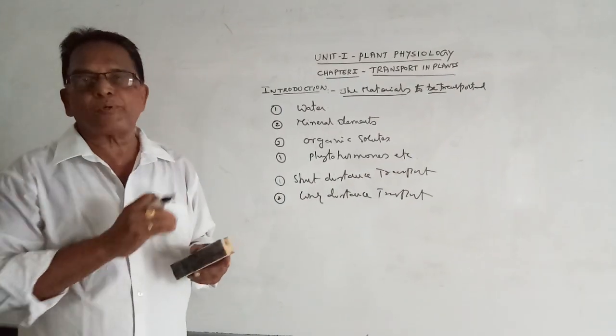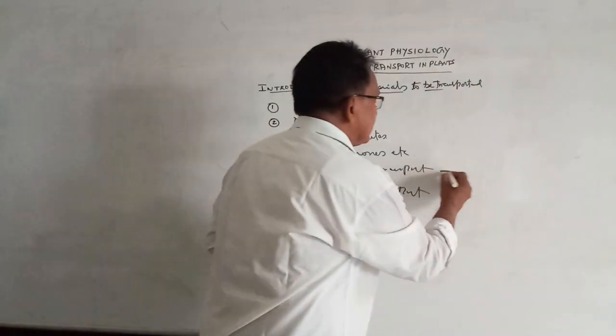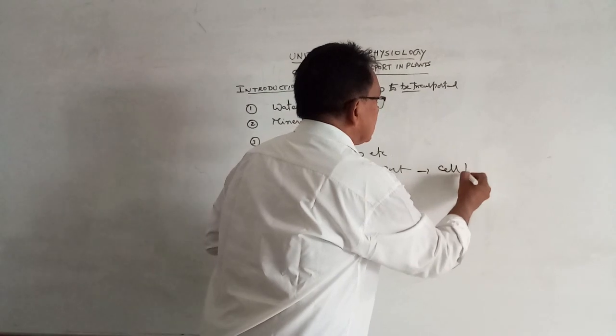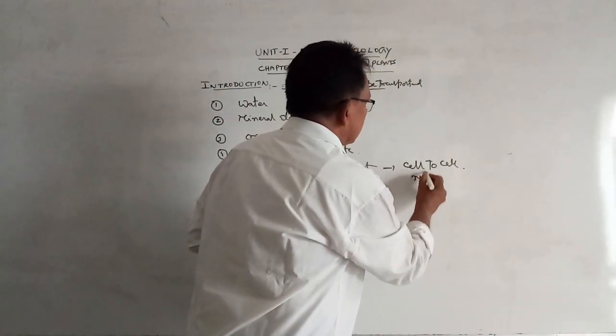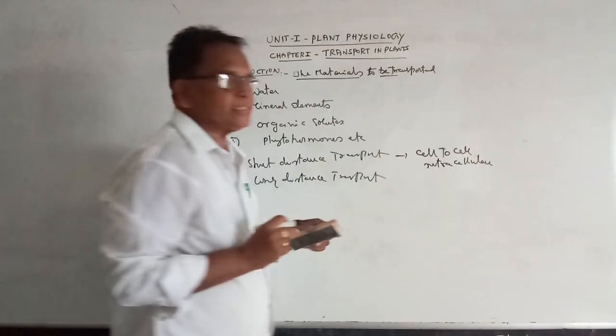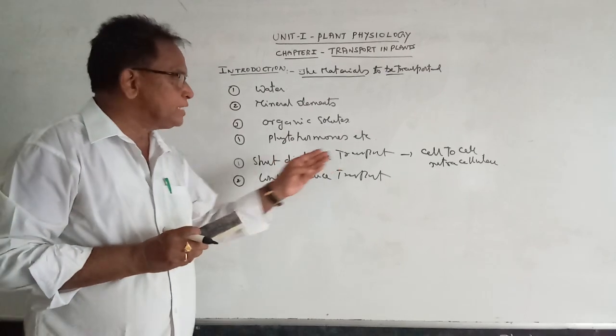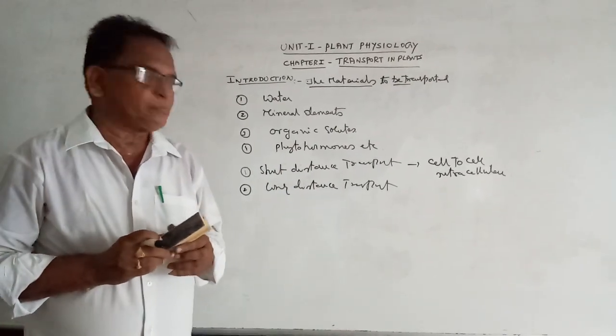That is transport of materials over smaller distances, like cell to cell or intracellular. These are the distances covering smaller distances, cell to cell or intracellular plant parts.